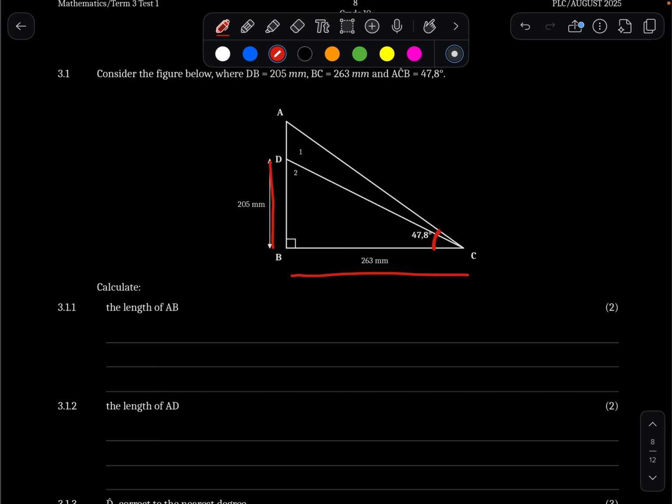Okay, so we have to use this angle that they've given us. So let's use this angle here, 47.8. We want AB, which is the opposite side. We have this BC, which is the adjacent side.